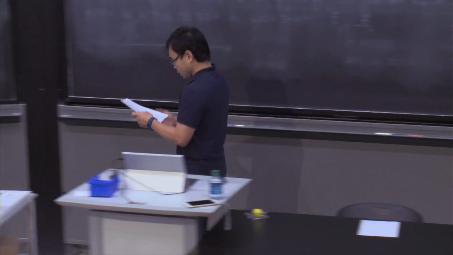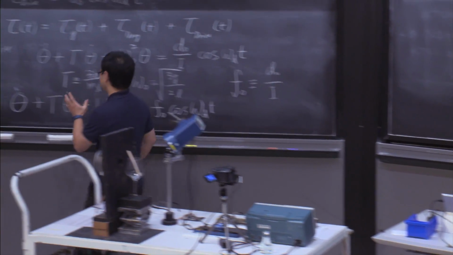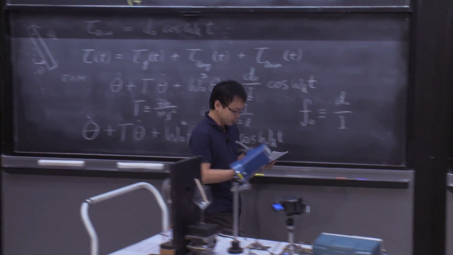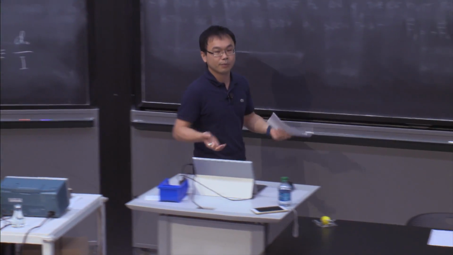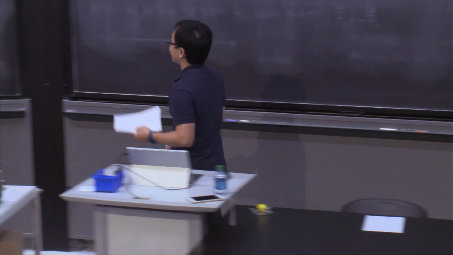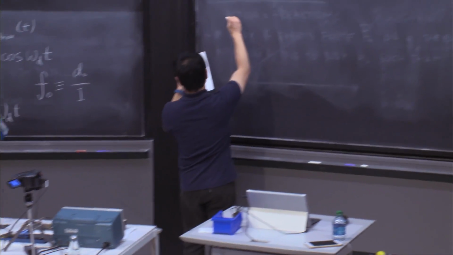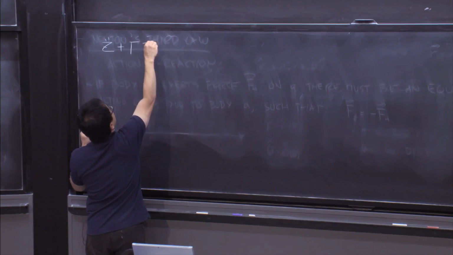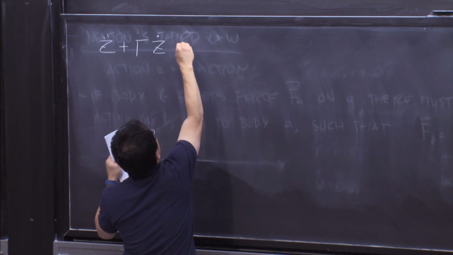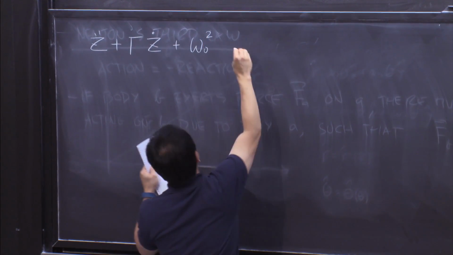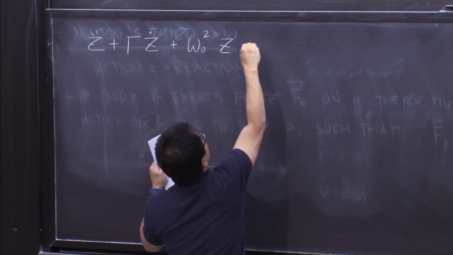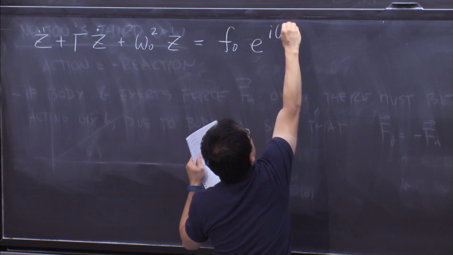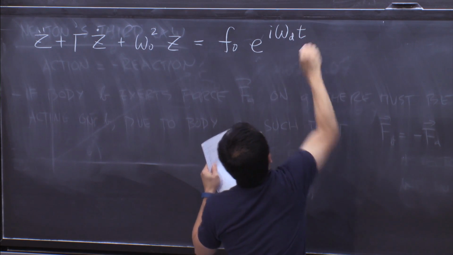Okay, so as usual, I have this equation of motion here. One trick which I have been using is to go to a complex notation. Therefore, I can now rewrite this as z double dot plus gamma z dot plus omega 0 squared z, and that is equal to f0 exponential i omega d t.